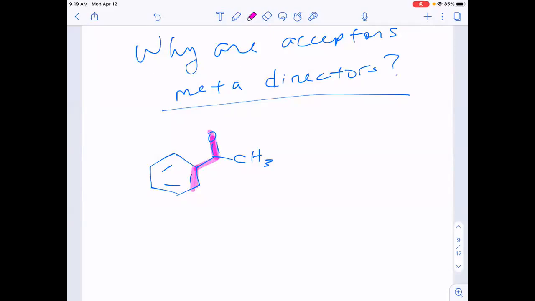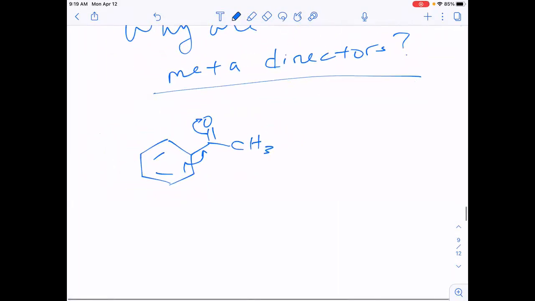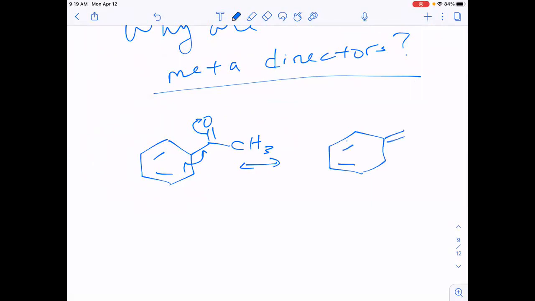All right, so I'm going to start there, and then I'll let you help me around the ring. So if I push this pair of electrons here, like that, the resonance form should look like this. Hopefully you'll see this right away, why acceptors are meta directors.